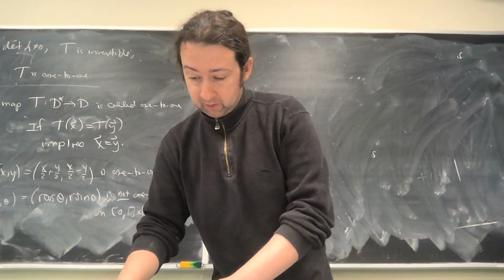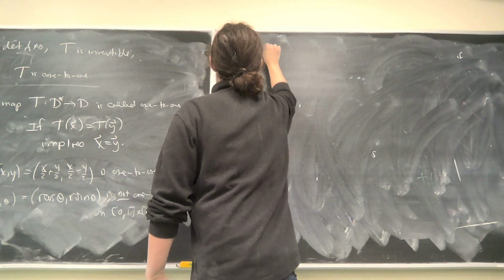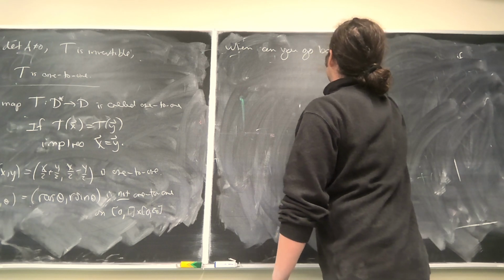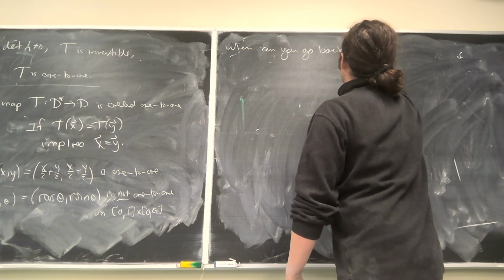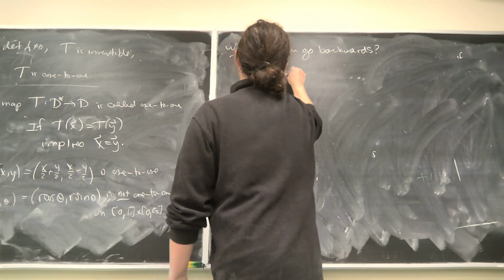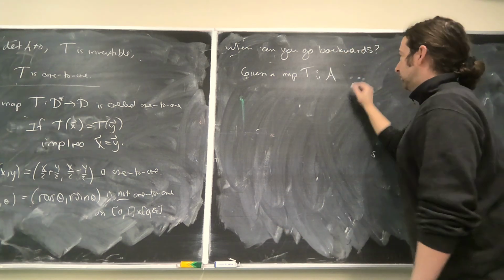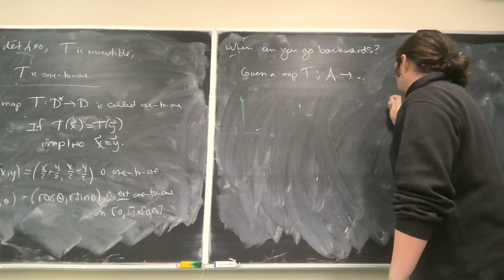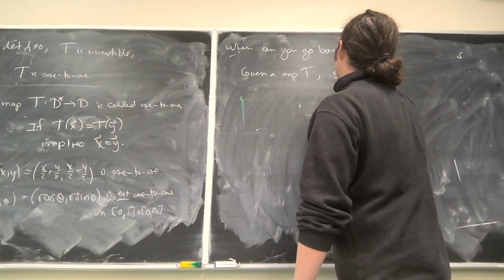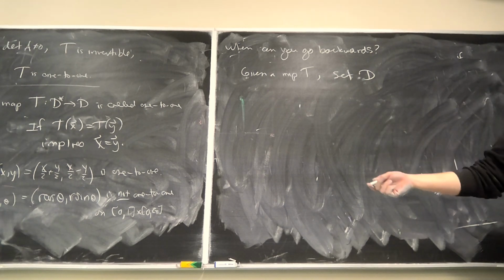Okay, so when can you go backwards? So oftentimes we're interested in inverse problems. What I mean by that is I'm given a map T on some big set A, and a set D. Remember, these are all in R2.